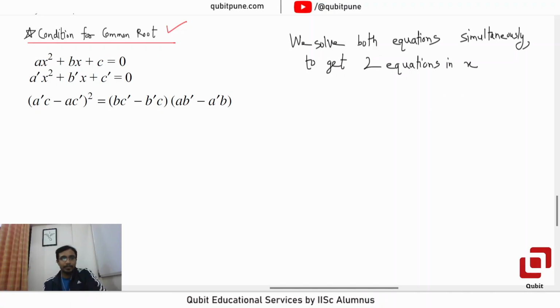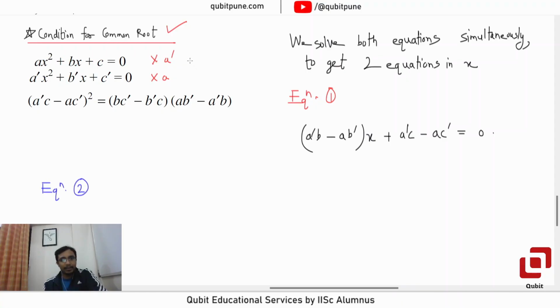The first equation can be obtained by multiplying this by a prime and this by a and subtracting. So if we subtract, we will get (a prime b minus ab prime)x plus (a prime c minus ac prime) equal to 0, and the second equation can be obtained by multiplying this by b prime, this by b and subtracting.